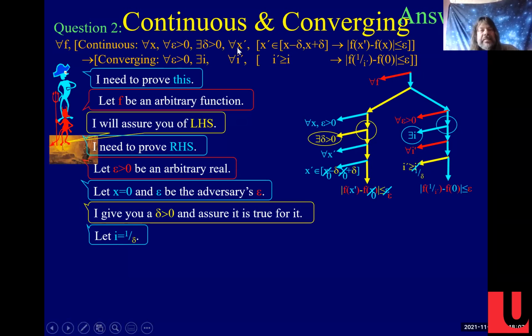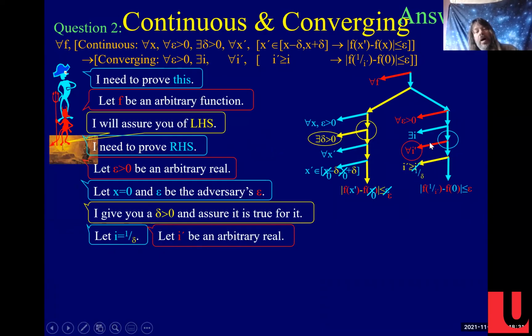But here our I doesn't need to be an integer. It could be a real number. I prime needs to be an integer, but I guess I doesn't really need to be an integer. Anyway, I flipped it over. This is going to be some big number. And then we continue on.